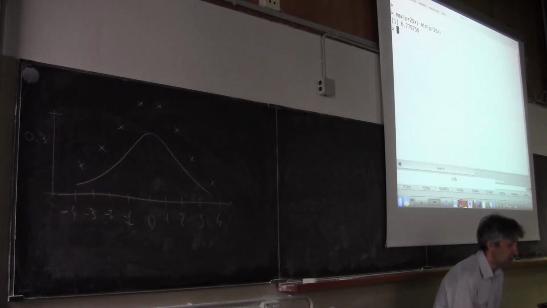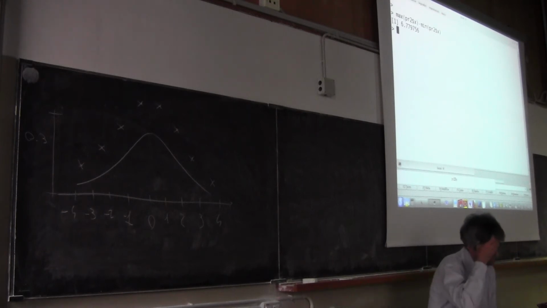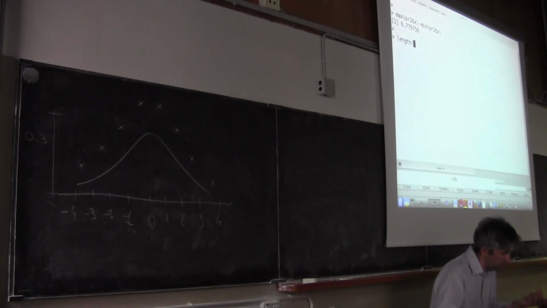Now, how many intervals are used to compute the density? We can see how many they are by looking at the length of PR2x, for instance. The length is 512.